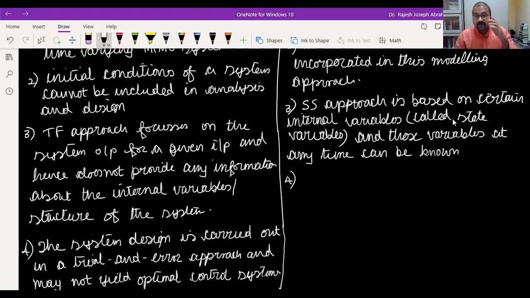Another advantage is that from the state space model, we can have a discrete time model which can be analyzed with the help of a digital computer.